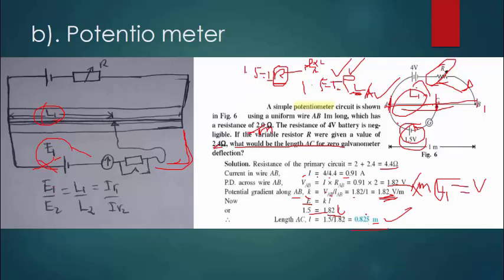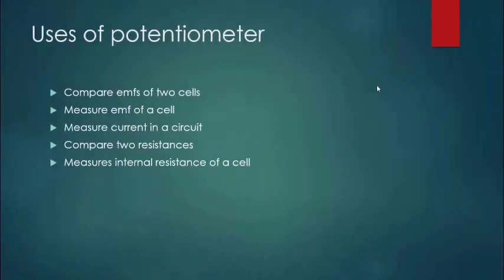This is not a very practical question, just a warm up. Lakini practical ya hizi mara nyingi watu fanyi sana, tunatumia sana meter bridge. Uses a potentiometer, inatumika kucompare EMFs of two cells, inatumika kumeasure EMF of a cell, inatumika kwenye kumeasure current in a circuit, inatumika kwenye kucompare two resistance, inatumika kwenye measurements za internal resistance of a cell.